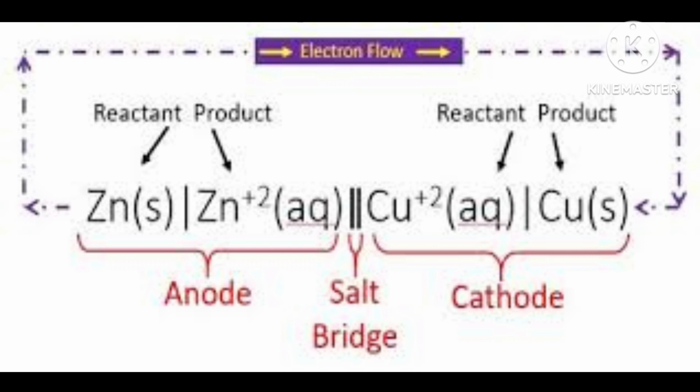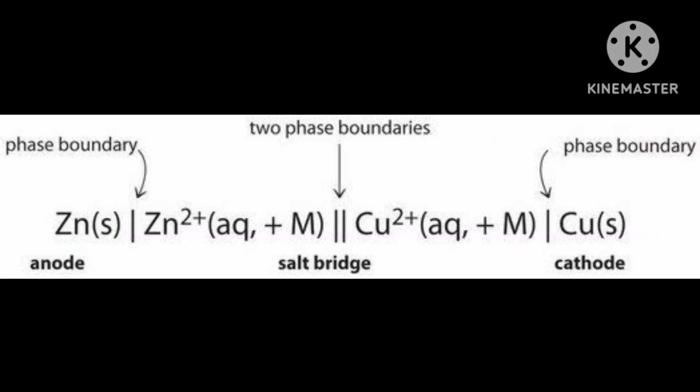Correct? Here I give the example of Zn, maybe copper also, maybe silver also. Any electrode may be there. But now you know the electrode potential of the unknown electrode.